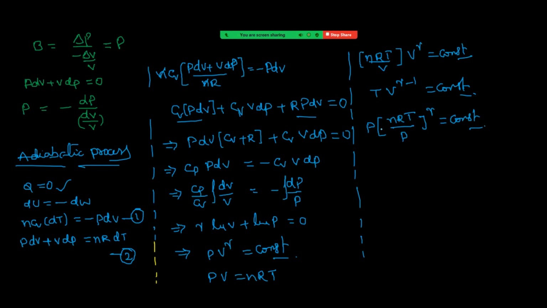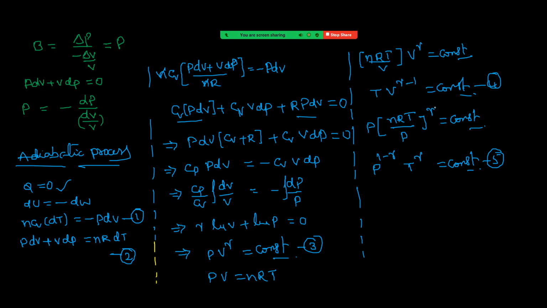nR is a constant. This is P power gamma. So P power 1 minus gamma, T power gamma equal to constant. Okay, so you can take this as 3, this is 4 and this is 5.